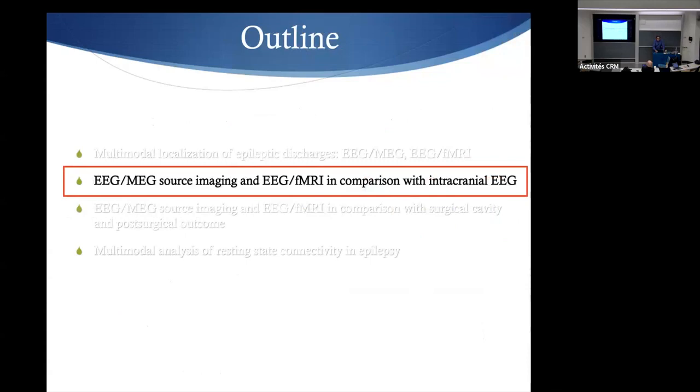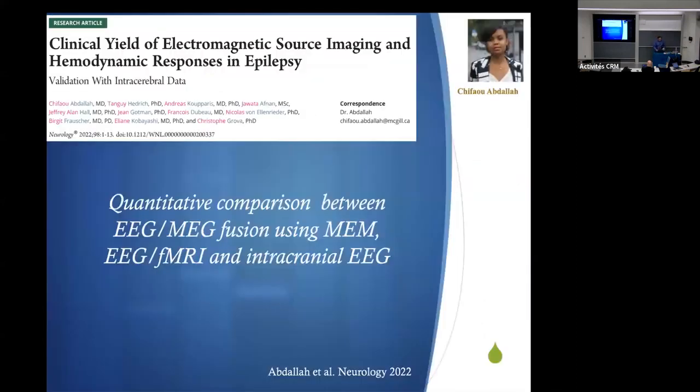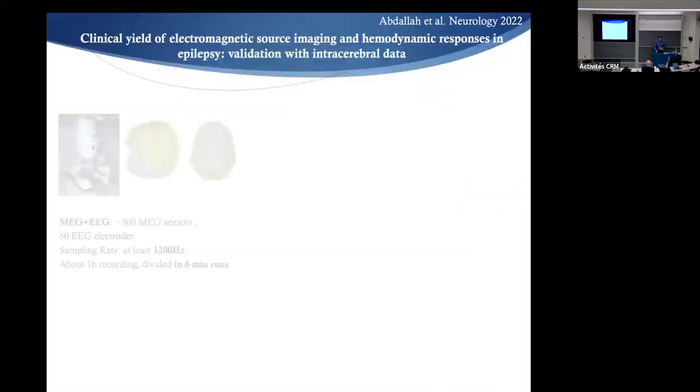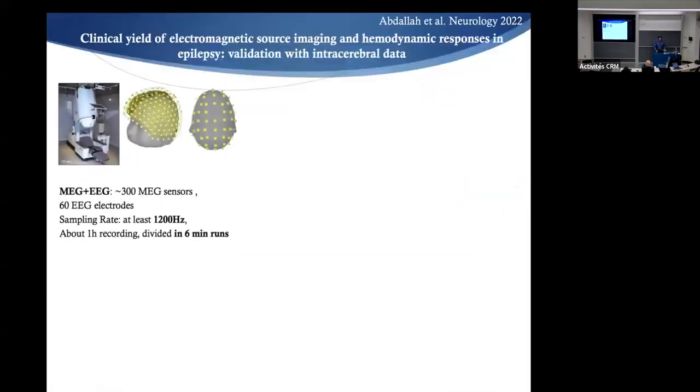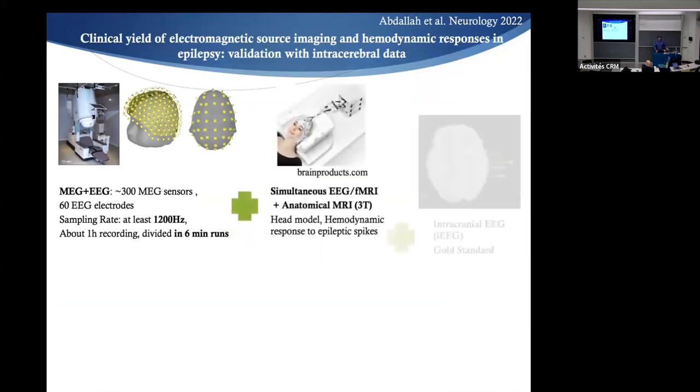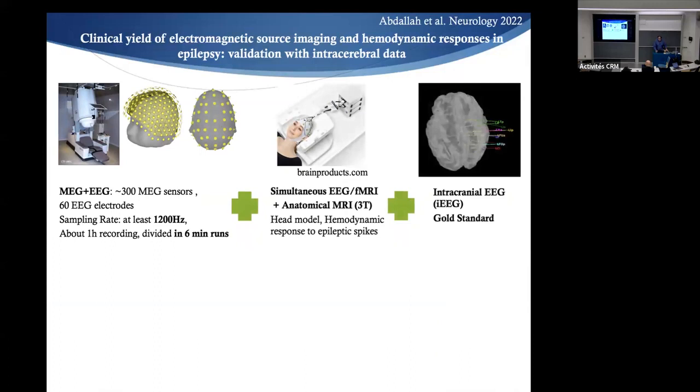So the first thing we're going to validate with is one of our gold standards, perhaps not a perfect one, but at least it is in situ measurements of that electrical activity using intracranial EEG. So in this study that was recently published in Neurology by Dr. Shifau Abdallah, we selected patients who underwent EEG and MEG, and then EEG-fMRI, and all those patients have been implanted during their presurgical evaluation using intracranial EEG.